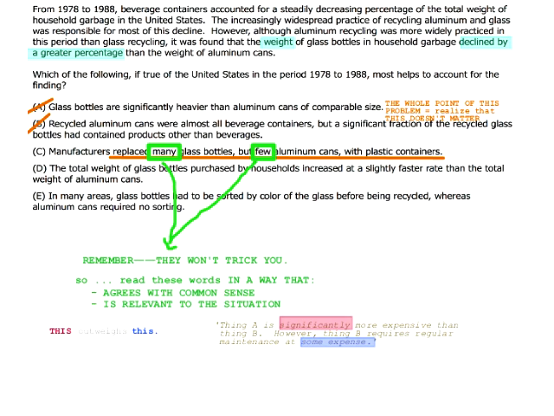If I flip this around, let's say thing A is somewhat more expensive than thing B. However, thing B requires regular maintenance at considerable expense.